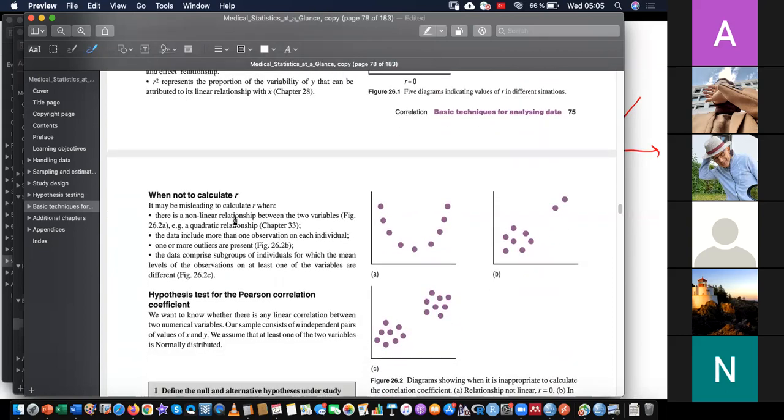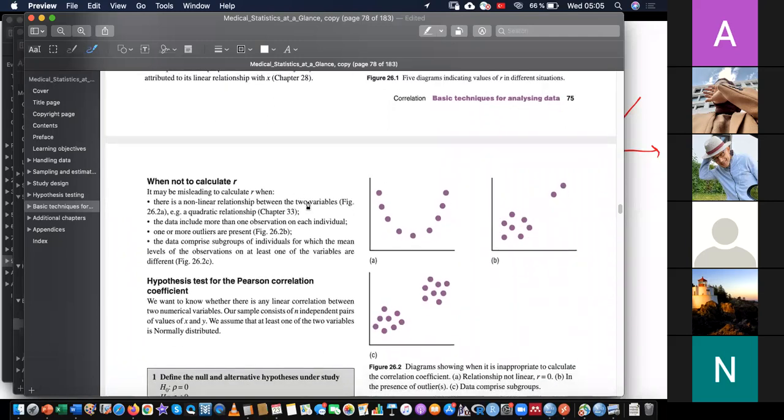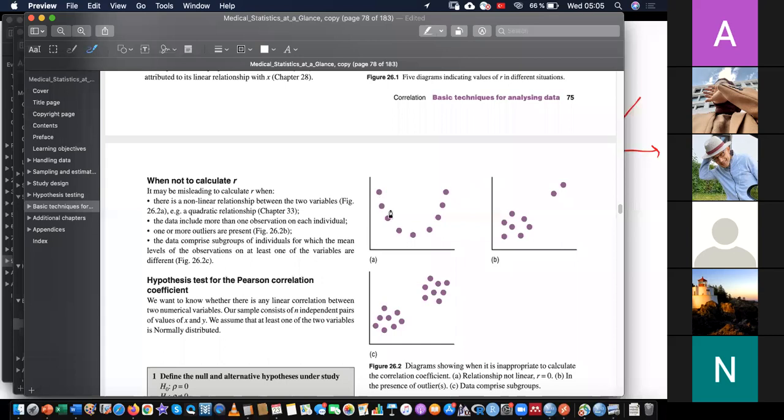There are instances when this correlation is void. This correlation is not possible to calculate. You should not go and calculate an R value, because imagine if you have a relationship, but it is not linear, as in this curve.